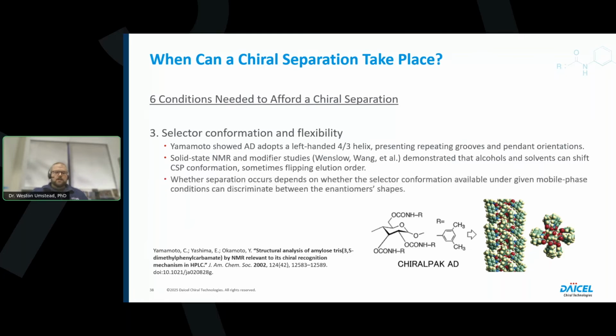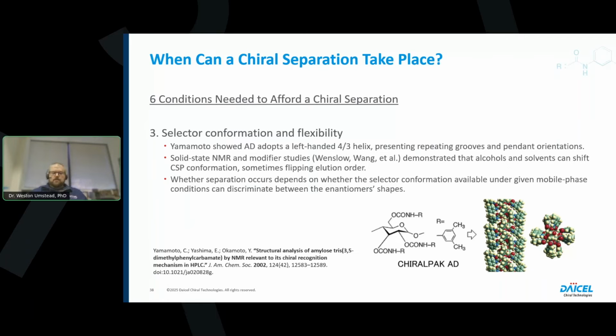So whether a separation can occur depends very much so on whether the selector conformation available in a given mobile phase is the exact right conformation in order to allow for discrimination of these enantiomers that are being exposed to the column. So you can see already, we're only up to condition number 3. There's a lot of stuff going on this column, which is, again, partly why it's really challenging to predict which column is going to work.